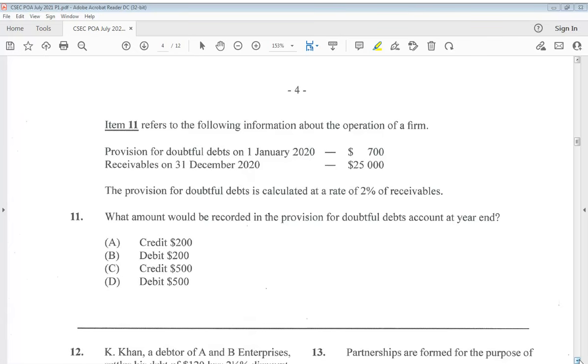So what would be the figure? It would be 2% of the year-end balance amount, which is $25,000. So 2% of that is $500. So D would be your answer. Debit $500.